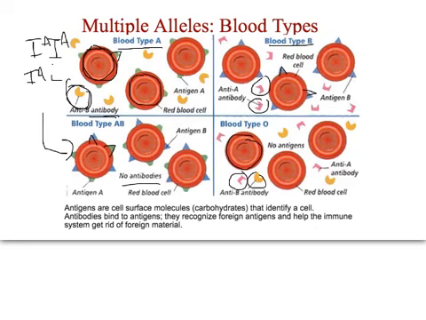However, when type O blood donates, you only donate the cells. So type O blood is the universal donor because they can give blood to anyone. I can put this blood cell into any of the other types and it wouldn't get attacked because there are no antigens on the surface.